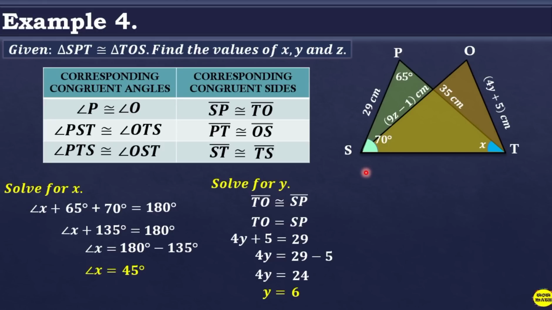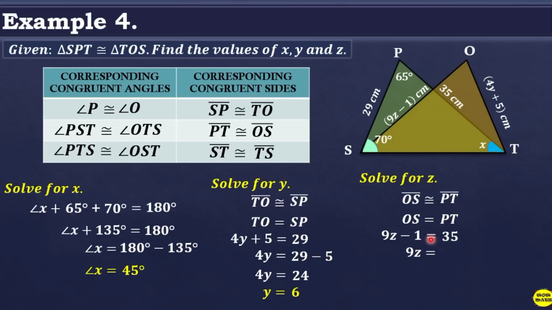Next, let us solve for z. So, your z is this side. Okay, so this side is OS. So, side OS is congruent to side PT. Ito po. Okay, so therefore, they are equal. So, your OS measures 9z minus 1 is equal to your PT is 35.